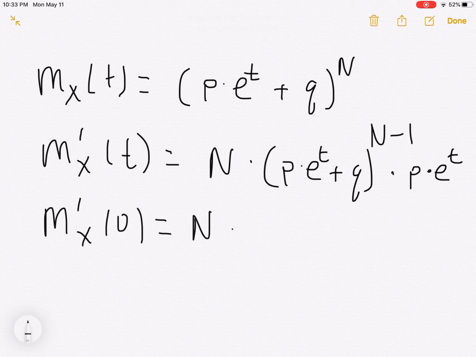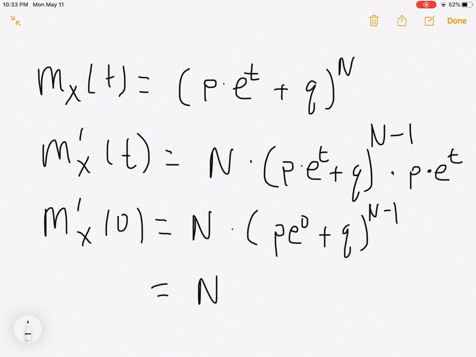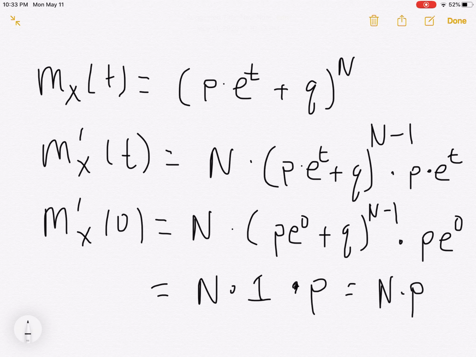So n times p e to the 0, and e to the 0 is 1, so that's just p plus q raised to the n minus 1 power. That is just 1, times p e to the 0, so times p, and that's n times p.